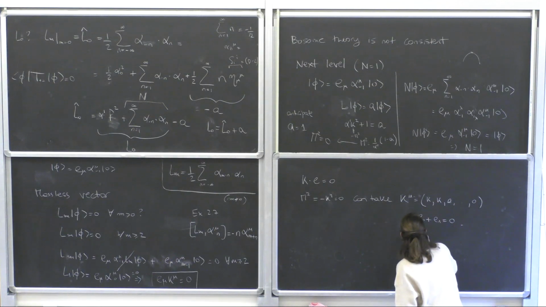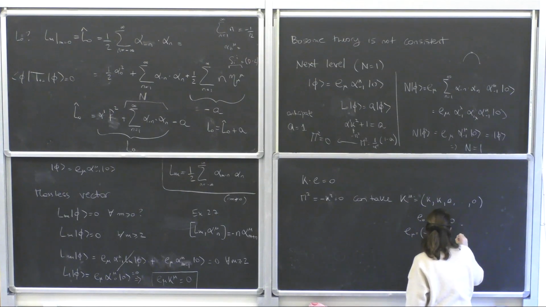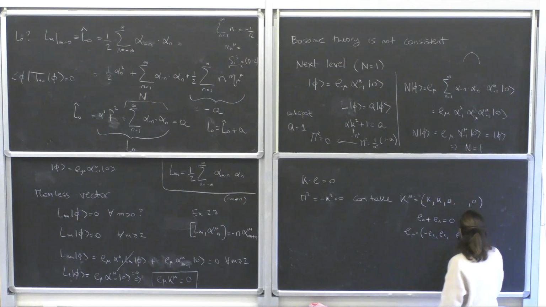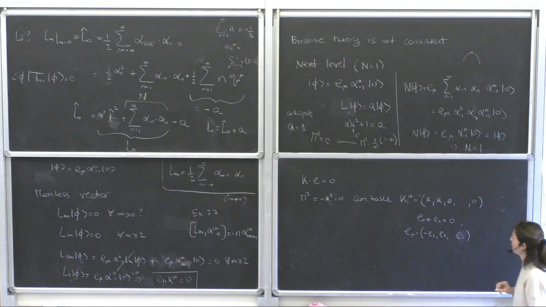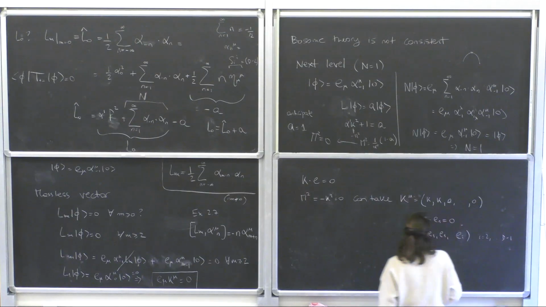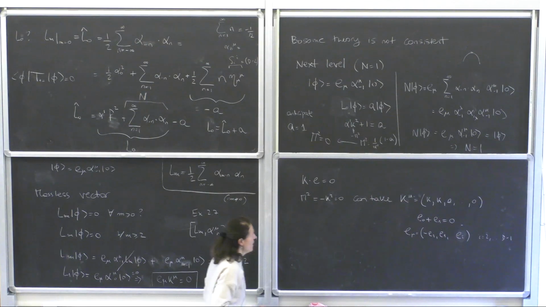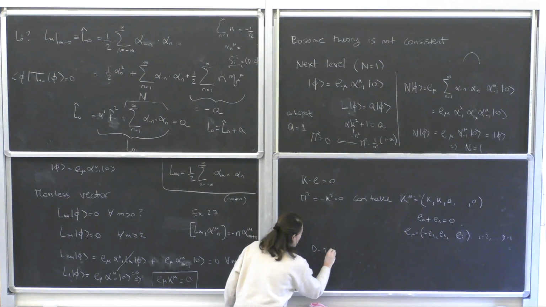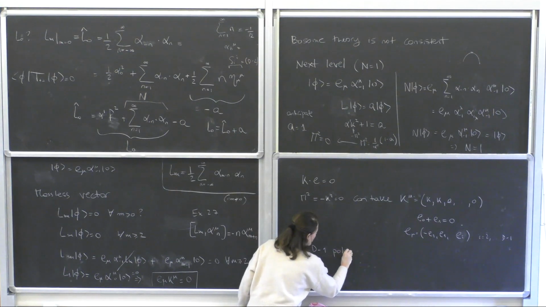So E mu is minus E1, and then whatever. Let's write this as E I, so I goes from 2 to D minus 1. So this means I have D minus 1 possible polarizations.